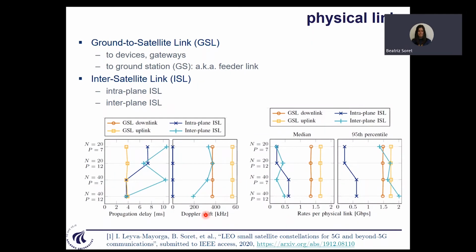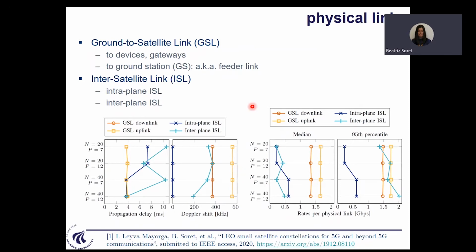For the Doppler shift, we don't have the issue of the Doppler in the intraplane ISL, and this is because the relative distances are preserved because everybody in the orbital plane is moving at the same time. But in the other links, it's challenging.